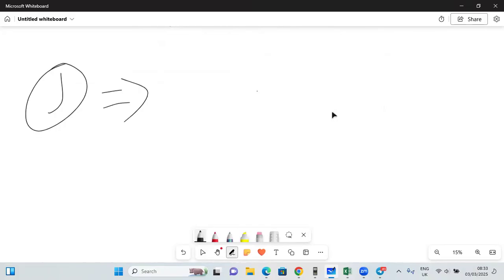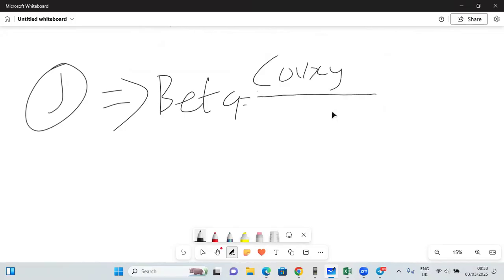Normally, this is how we compute beta. Beta is equal to the covariance of X and Y all over the market return, right?